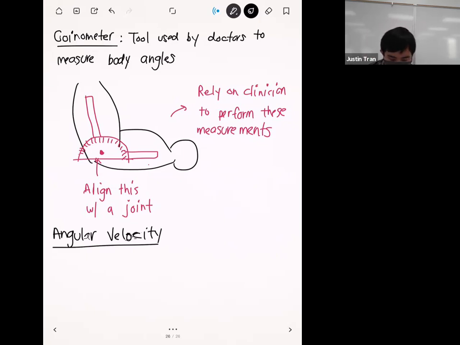And so angular velocity is basically the angular equivalent of regular velocity. Okay. But remember, the definition for regular velocity that we had before was a change in position over time. And angular velocity is defined as a change in angular position over time.